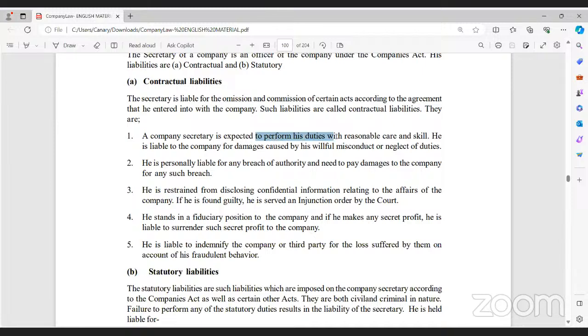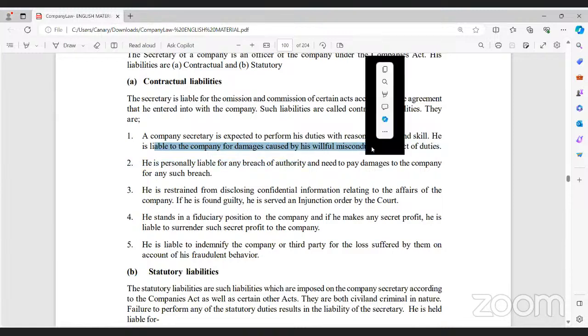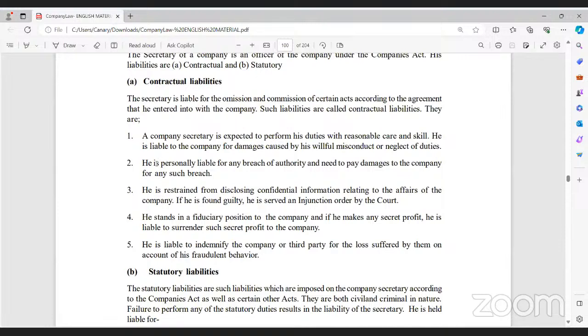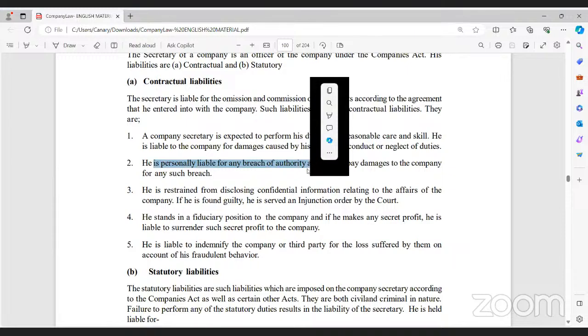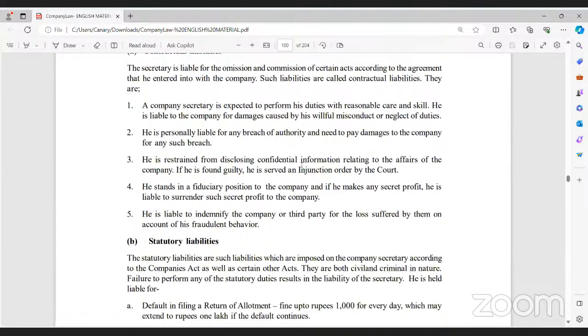He is expected to perform his duties reasonably. If any damages are caused to the company due to his misconduct, he is liable. And he is personally liable for any breach of authority, meaning if he crosses his authority and does anything beyond it and causes damage to the company, then also he is liable.